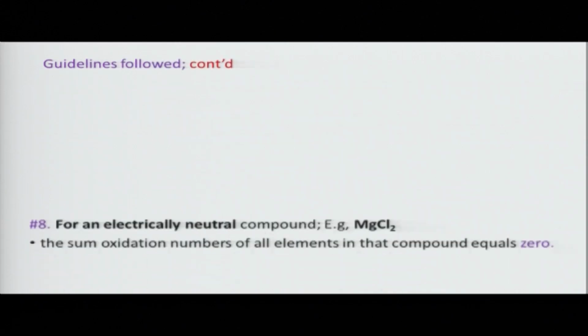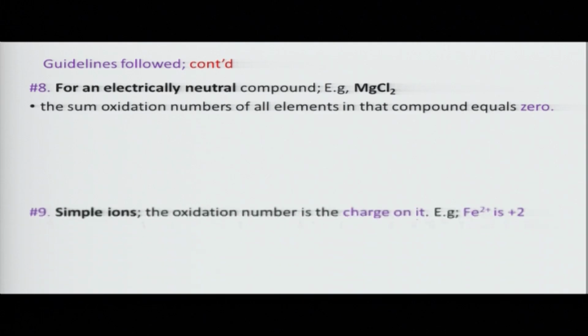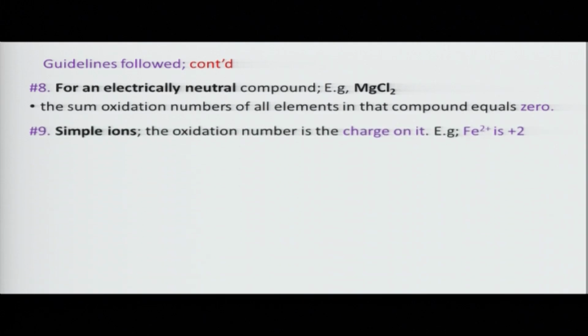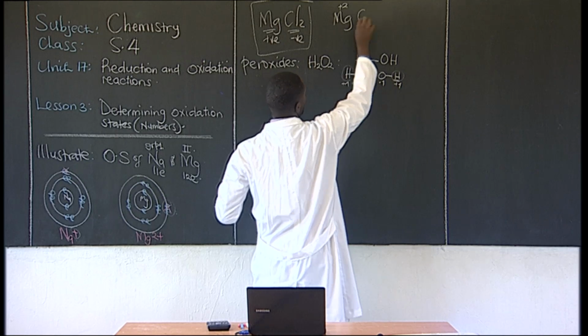Now, let's add more principles. There are actually 3 remaining, then we can try some numbers. If you have a compound, like magnesium chloride, that is not charged, then its total oxidation number will be 0. Why? Magnesium is having +2.